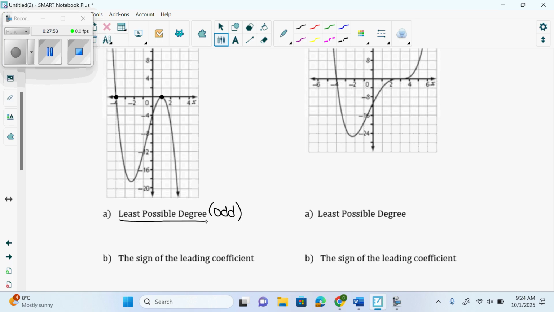You have to pick the lowest multiplicity it could be when it says least degree. So I have a multiplicity 1 and a multiplicity 2. How many does that add up to? 3. So what's the least possible degree? Degree 3. Also, it makes that nice little S curve, correct? Which is a cubic function.